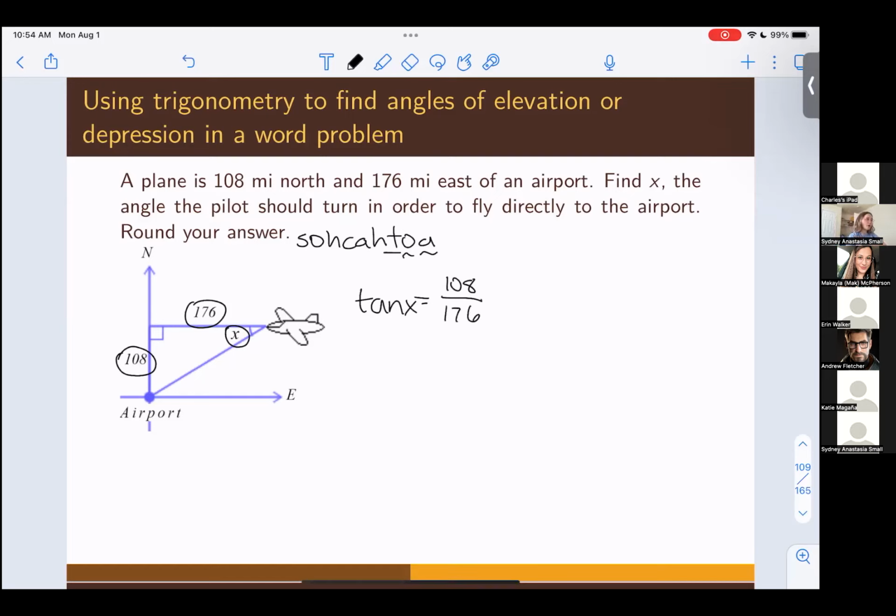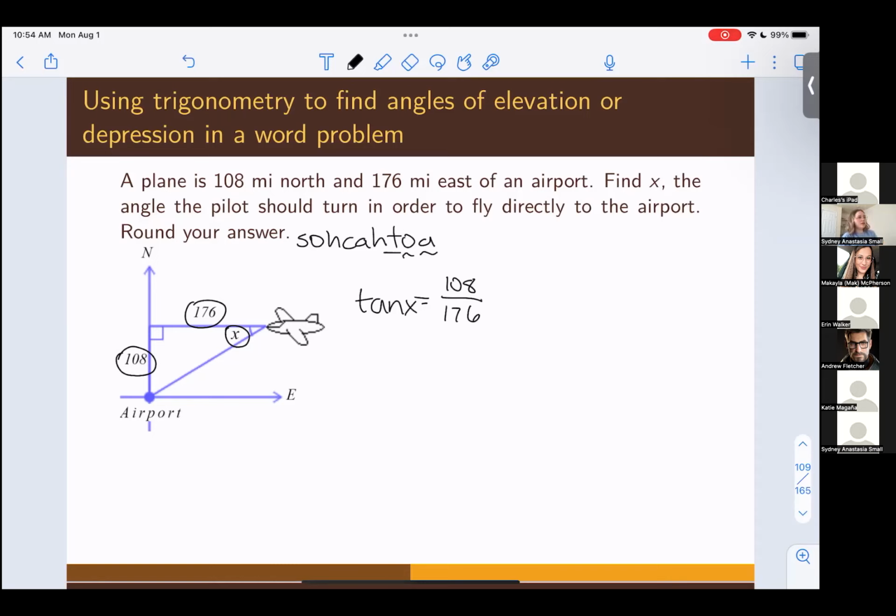I want to get x by itself, and 108 over 176 is not a nice angle on my unit circle. I can't just look at it and think, what angles x do I know that have a tangent of 108 over 176? It's not a nice angle. We don't really know how to think about it. So we have to use the inverse function, this new tool we have.